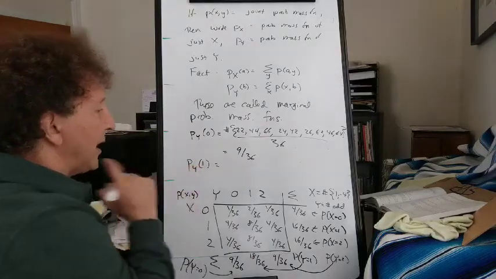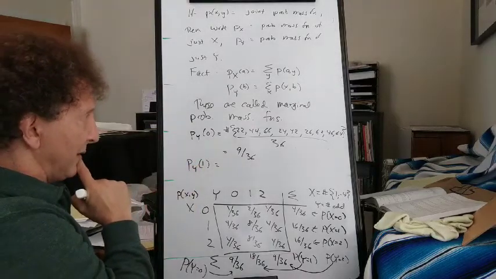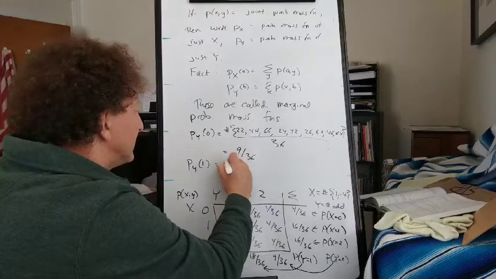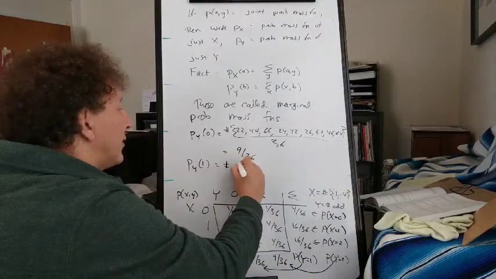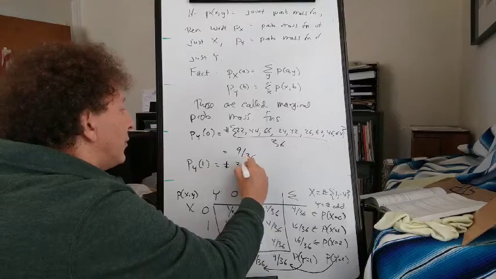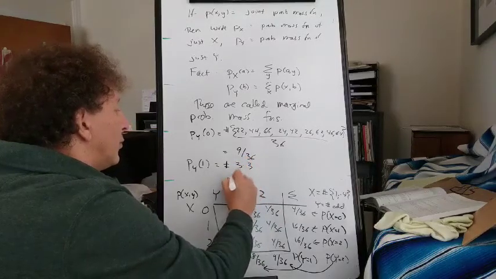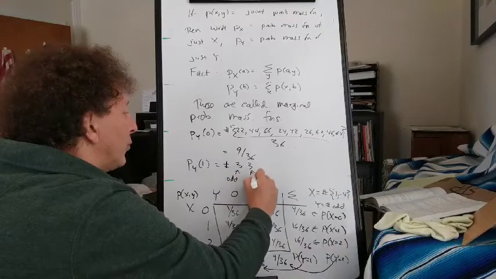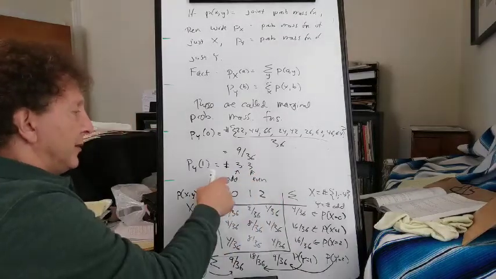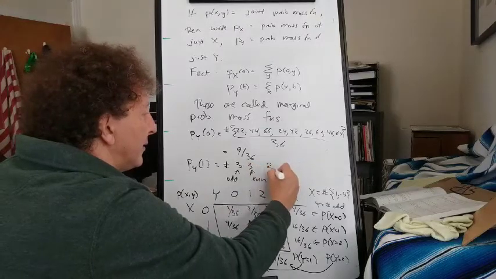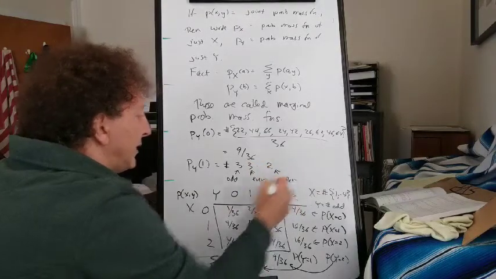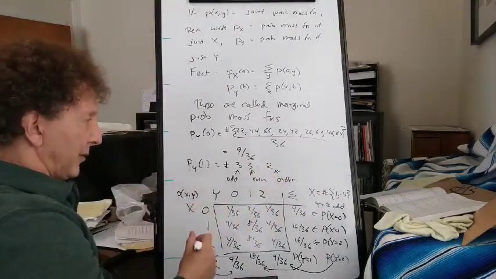How can it be that we got 1 odd number and 1 even number? Well, we get 1 odd and 1 even in 3 ways to pick the odd, 3 ways to pick the even, and then either the odd came first or the even came first.